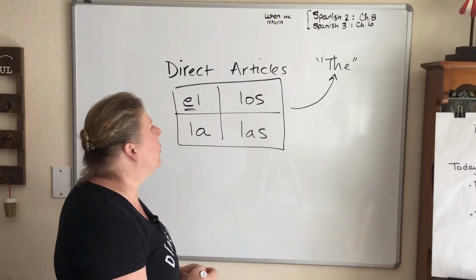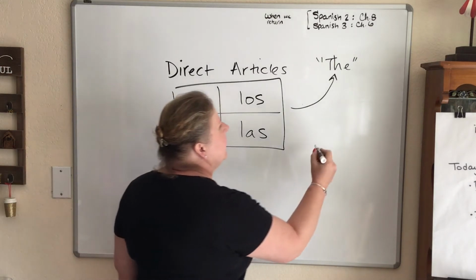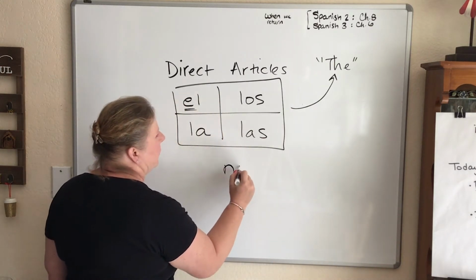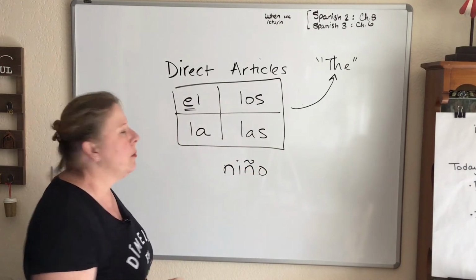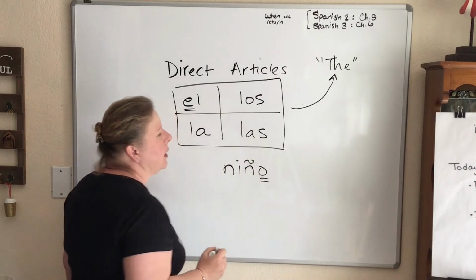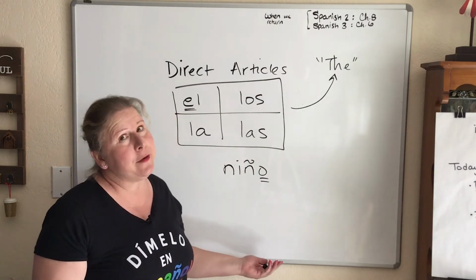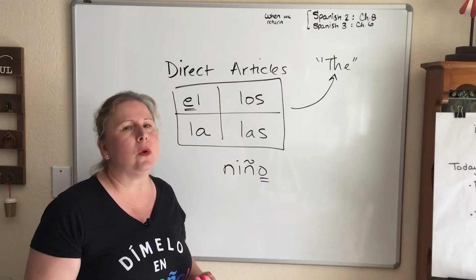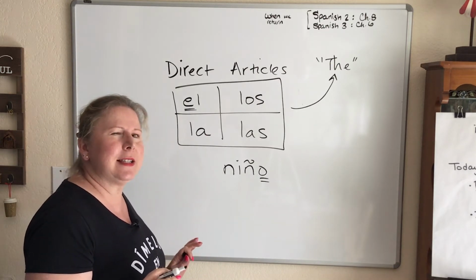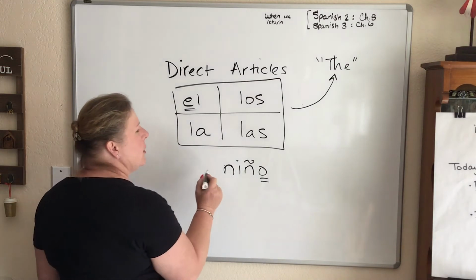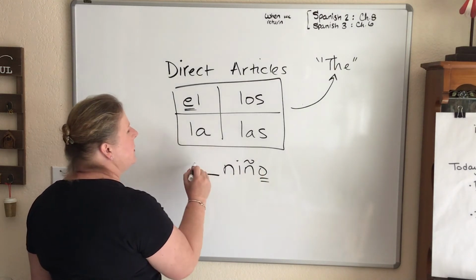So if we take a word like niño, okay, that's boy. Most nouns, I should say, are going to end in a or in o. So it kind of gives us a little warning here to tell us this is masculine.